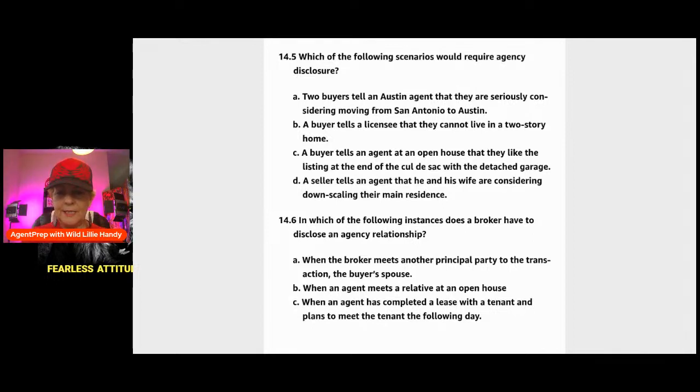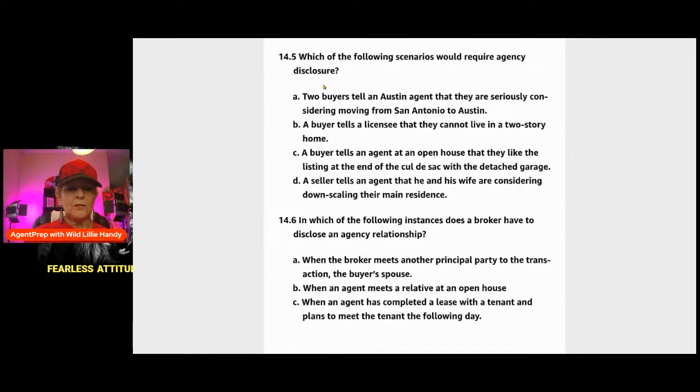5C. Oh, yes, we're on number 5. Ooh, no, it is not A. The answer is C. A buyer and an agent at an open house. So which one would require agency disclosure?